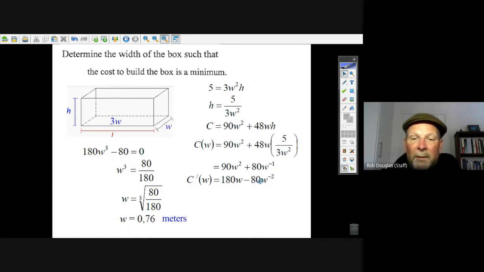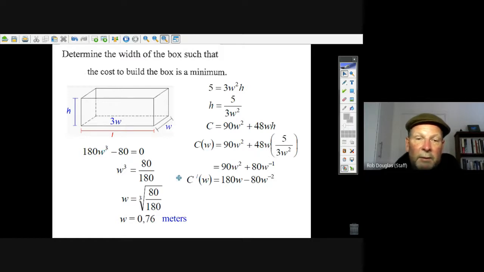We're going to make this derivative equal to 0 to find the minimum. That's what you have to do. But this W² is really in the bottom. What they do is they multiply everything by W². W² times the W to the minus 2 cancels, and that's why there's an 80 there. W² times W gives me W³.